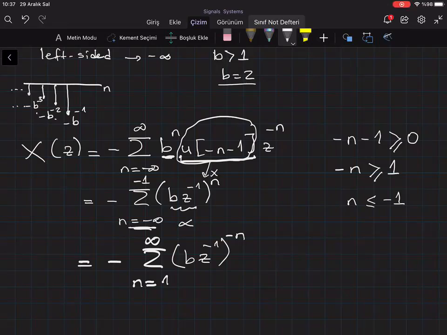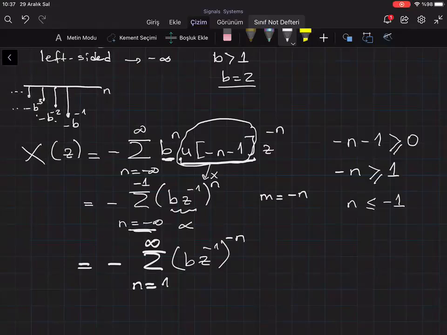So my boundaries will go not from -infinity, but to +infinity. Okay? Or I would do such a thing, m is equal to -n. Then when I see n, I will put -m. When I see n, I will put -m.